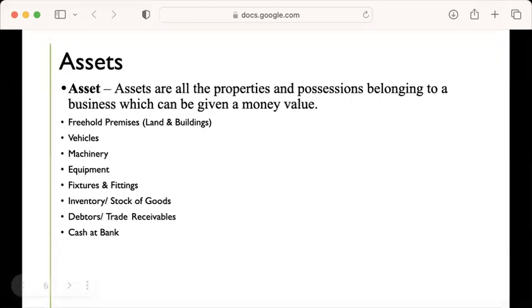Debtors, we call them trade receivables. These are people who owe us money. Maybe we have sold them goods on credit without taking cash, so they owe us money, or we have lent some money. Also cash at bank and cash in hand. These are not all the examples, but the most popular examples of assets, right?